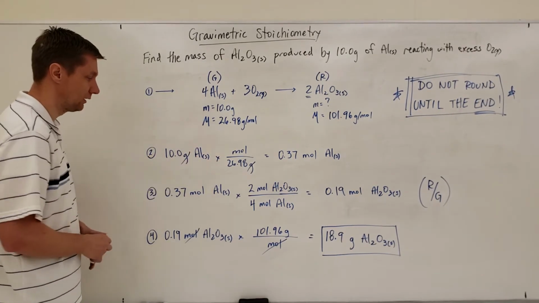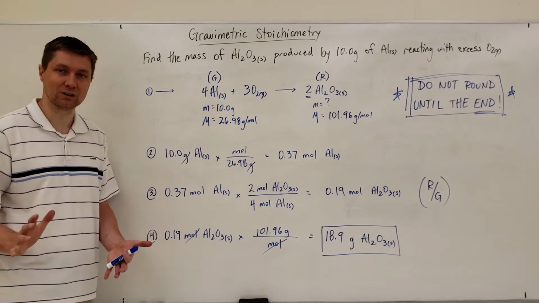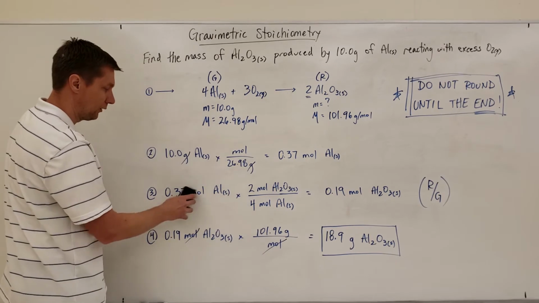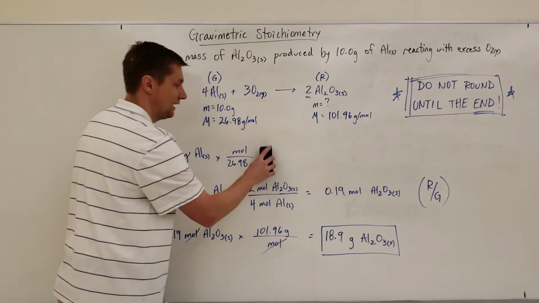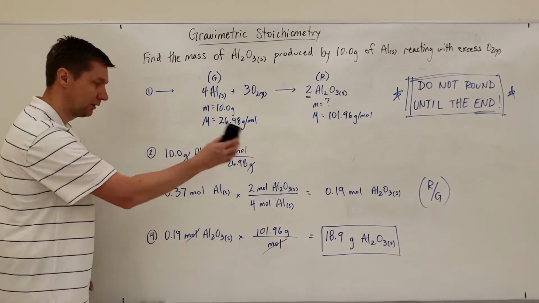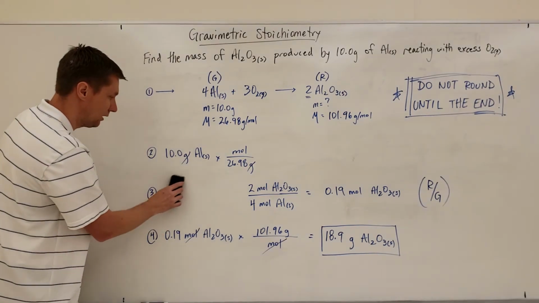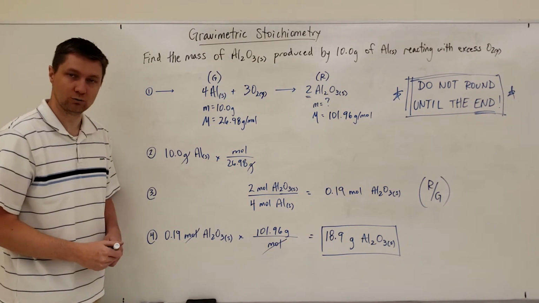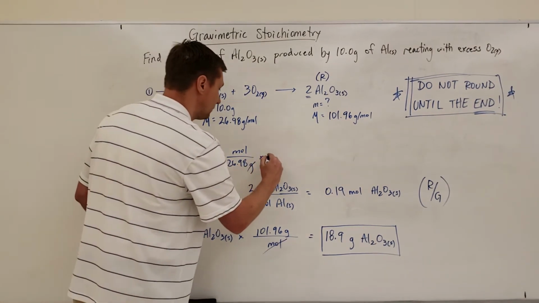So if I take a look at erasing the stuff that doesn't really matter, you can see that I don't need to write these 0.37s down. I can just keep that number in my calculator and carry on with my calculation. And so here I've just got this times 2 moles over 4 moles.